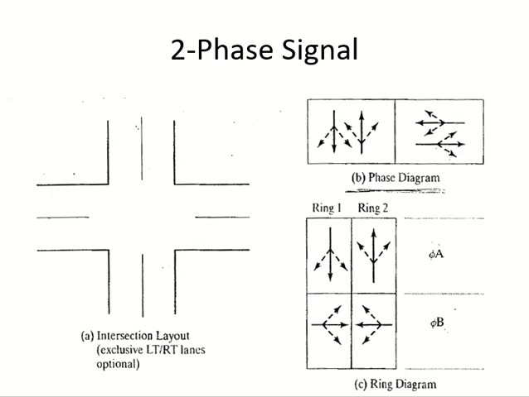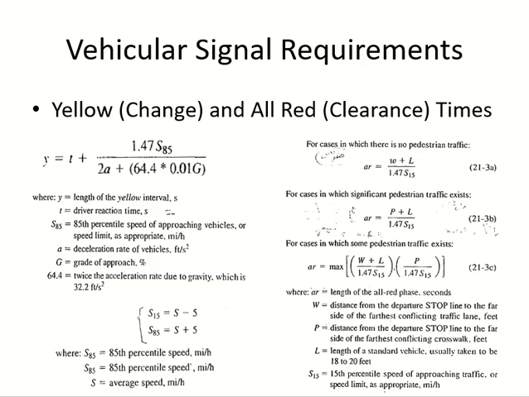So today we will be moving towards the second step, which is the calculation of signal timing. From the signal timing, the first thing we calculate is yellow and all red time.